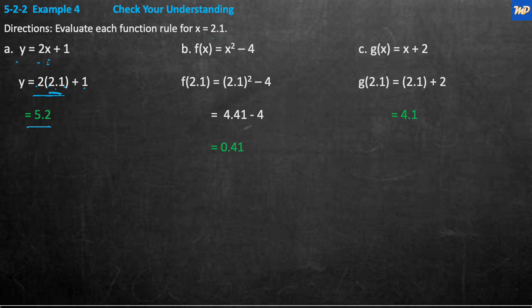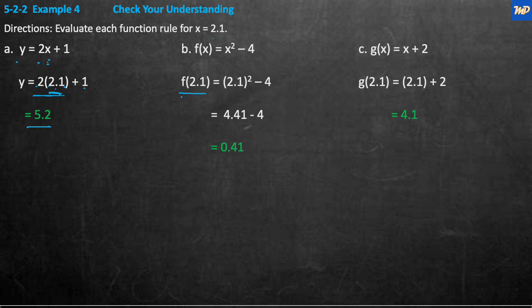How about doing the next one? B, f of x is x squared minus 4. Well, this is nice because now I'm going to do the function of 2.1. So I have f of 2.1, that specific value.